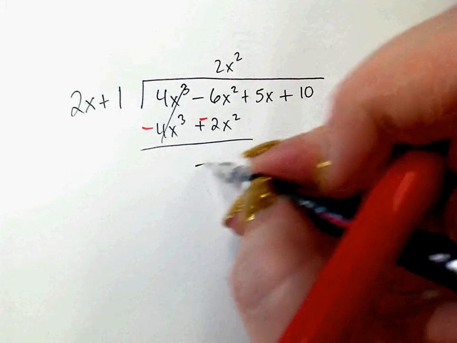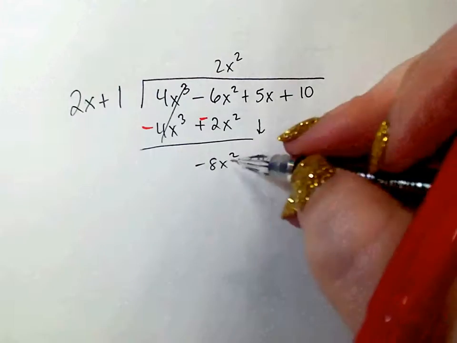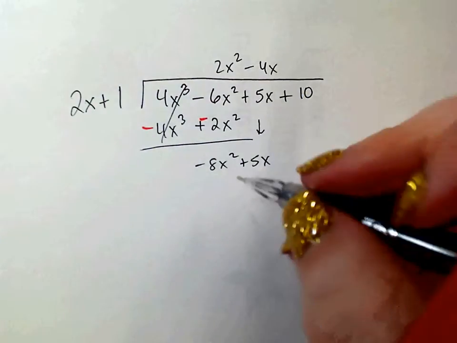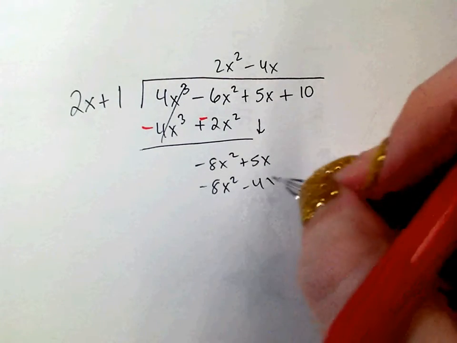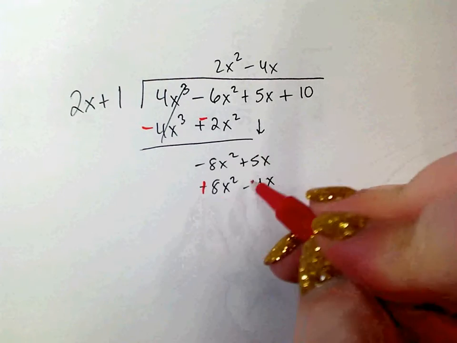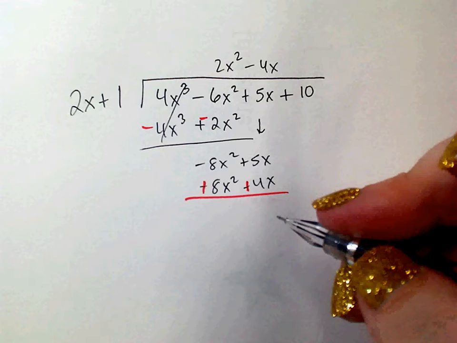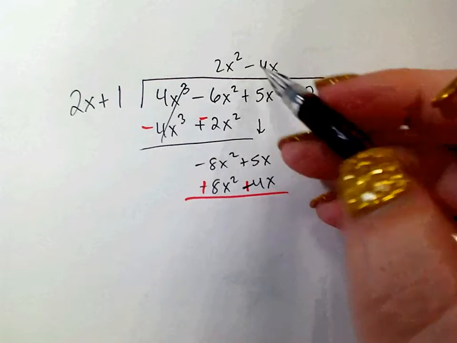What do you multiply 2x by to get negative 8x squared? Negative 4x. What's negative 4x times 2x? Negative 8x squared minus 4x. What do you do? And you're left with? Because you subtract this. This was negative 4x times 1, right? Now we change the sign. What do you get?